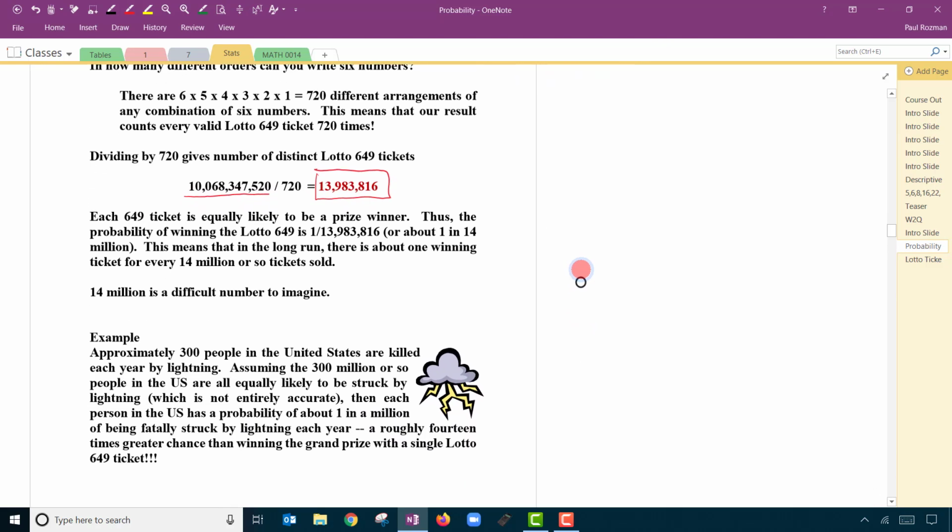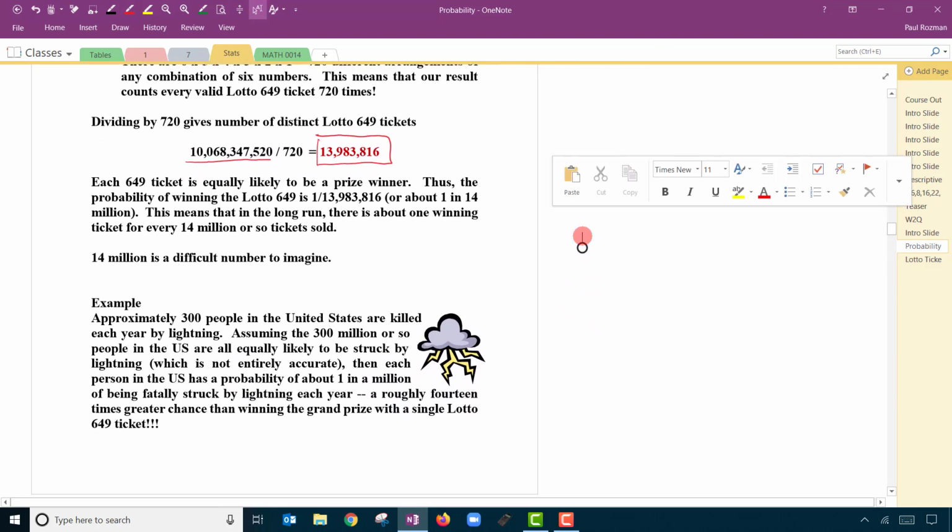To put it in perspective, there are roughly 300 people in the United States that are killed by lightning every year. And they have roughly 300 million people, just to keep the numbers reasonable. So your chances of getting killed by lightning in the United States are roughly 300 divided by 300 million, or 1 in a million.